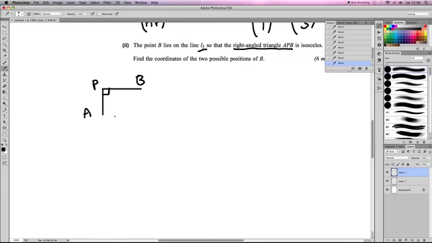I've drawn one possible setup, so B can be here. The other setup, using that exact same diagram, so A to P, B can also be over here. So there's two possibilities for B. If you've done your A to P as a vertical straight line, it can either be to the right or to the left. Because going to the right or going to the left does give you a right angle at APB. So we want to find this coordinate and this coordinate, or on this one diagram, these two coordinates here.